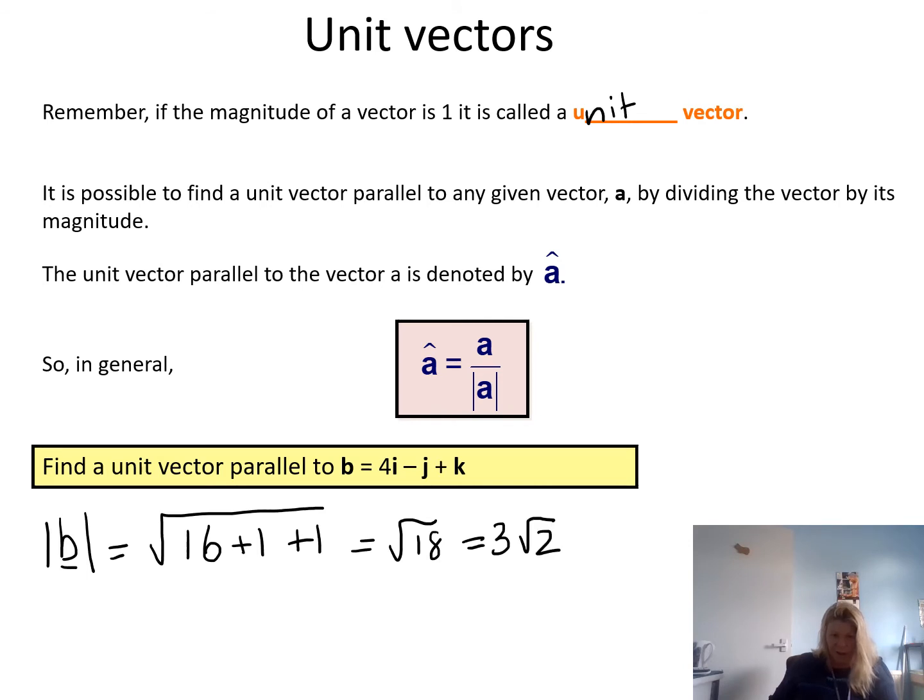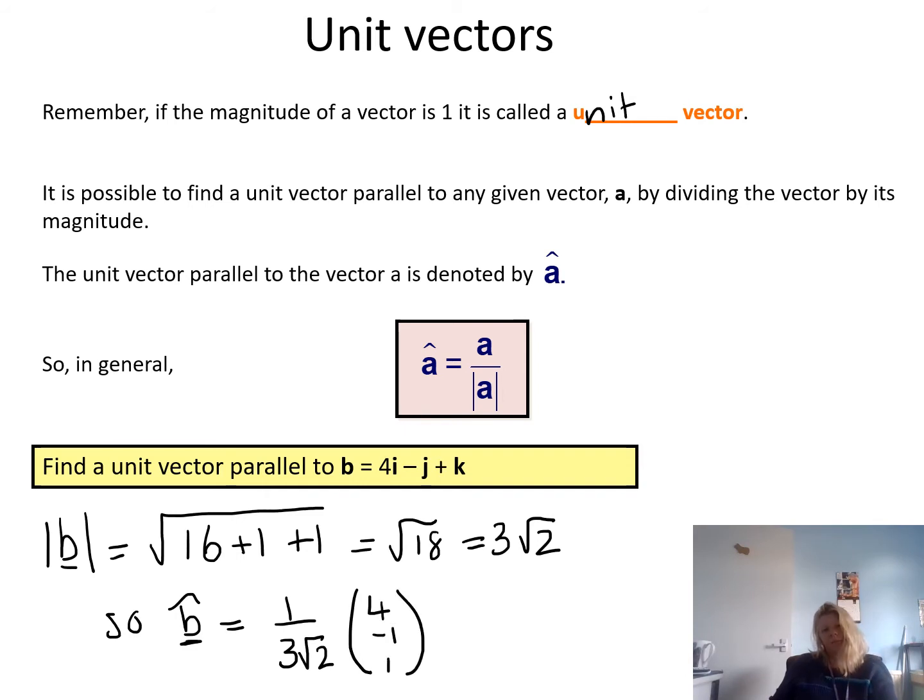So our B hat will equal 1 over 3 root 2 of the vector. I'll do it as a column vector, if you remember, that's 4, minus 1, 1. And done.